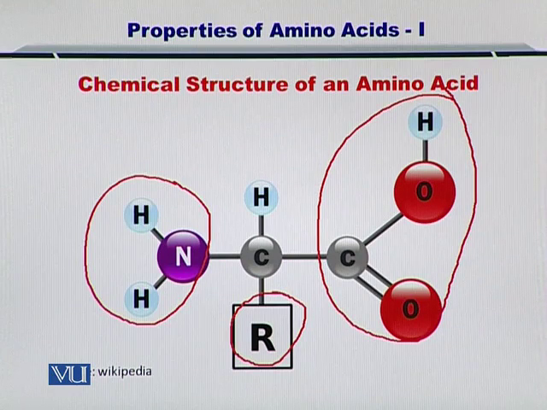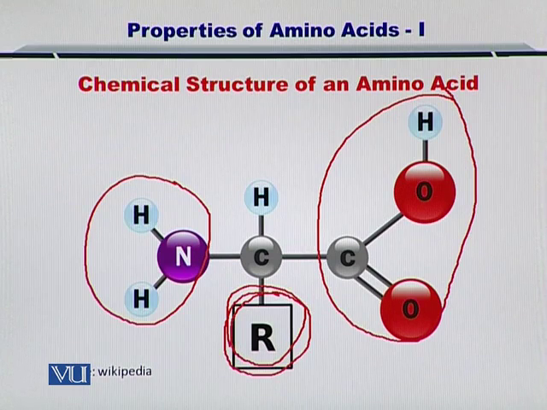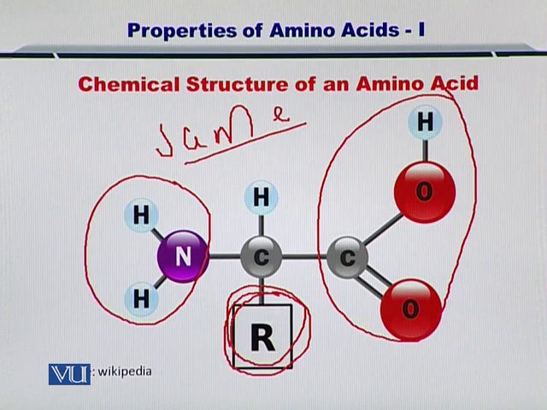This is a very important point to consider. So any variation in the properties of the amino acids is essentially coming from the R group, as shown here. So if everything else is the same, then the R group will vary.